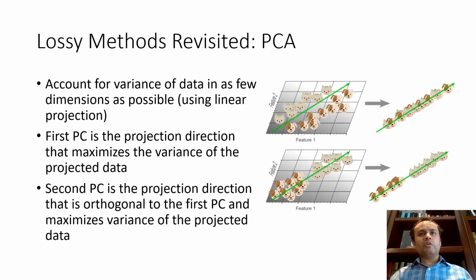There are variants of PCA which use different assumptions. Coming back to the simplest version of PCA, the idea is that the first principal component is the projection direction that maximizes the variance of the projected data in that dimension. The second projection is orthogonal to the first and maximizes variance in the projected data, and so on and so forth.